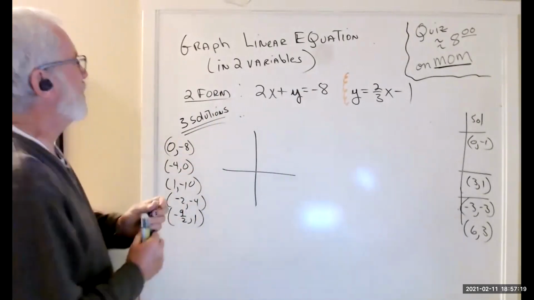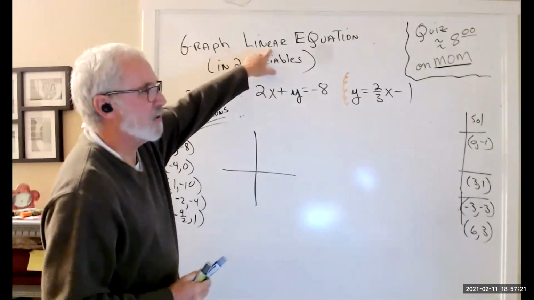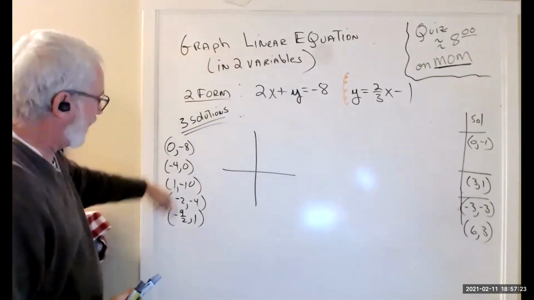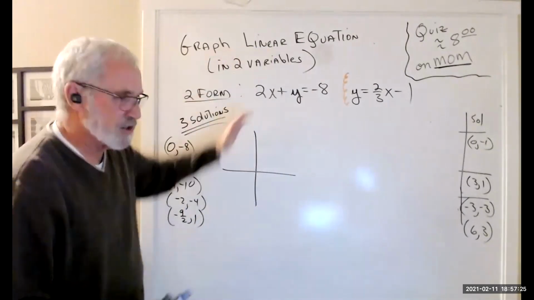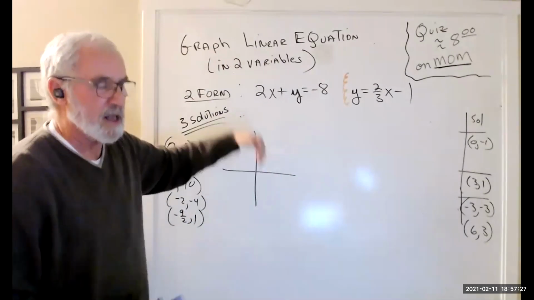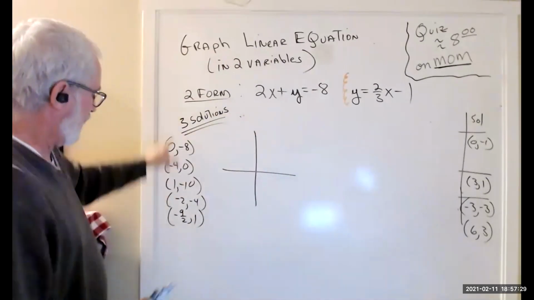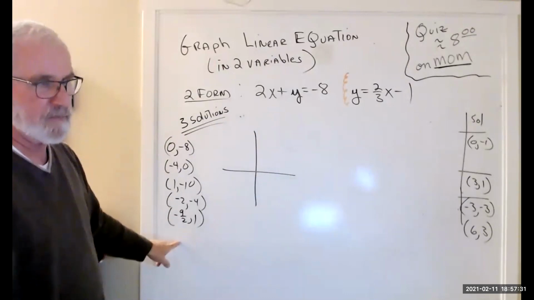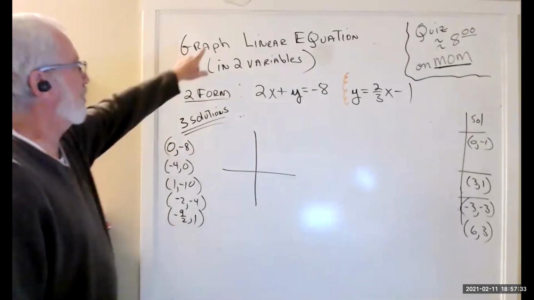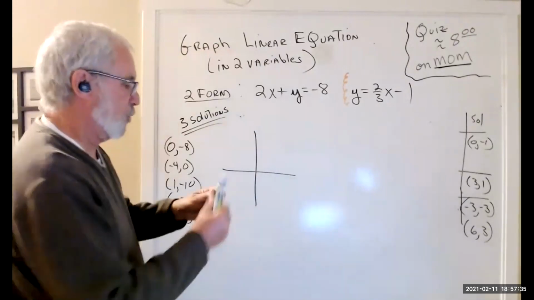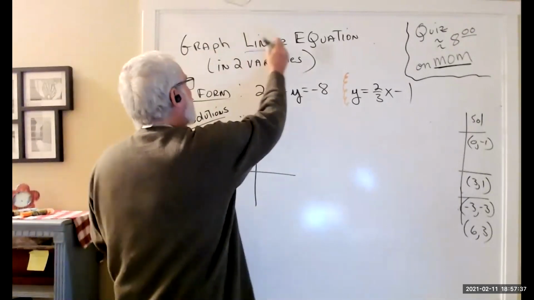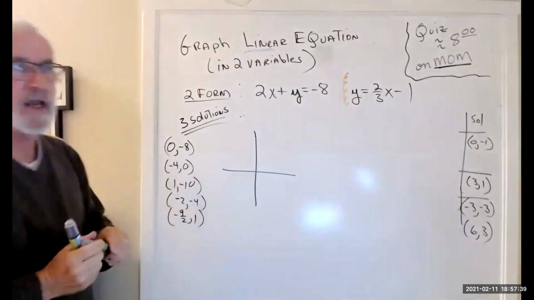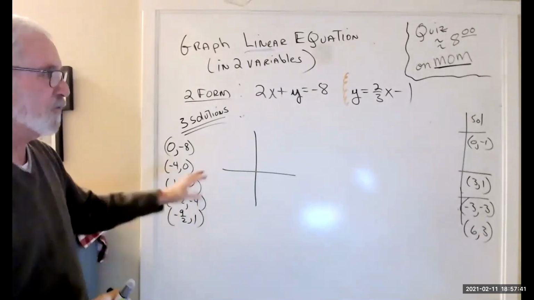And because this is called a linear equation, these ordered pairs should be in some kind of a straight line. If they're not, that's a proof that you screwed up somewhere. Because this is called a linear equation. The root word is line. Okay, so it'll make a straight line if we graph it.